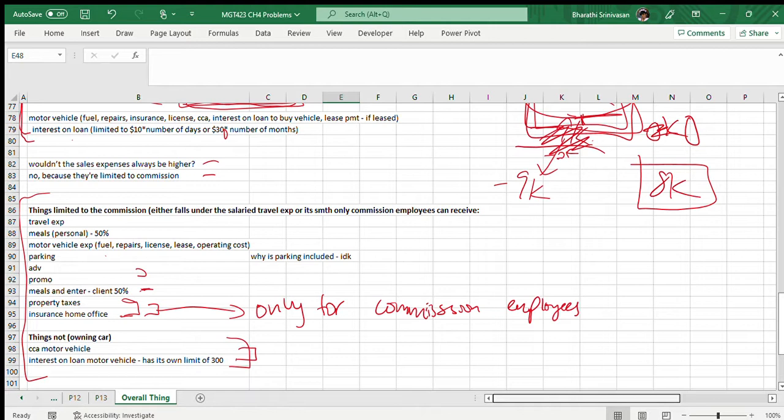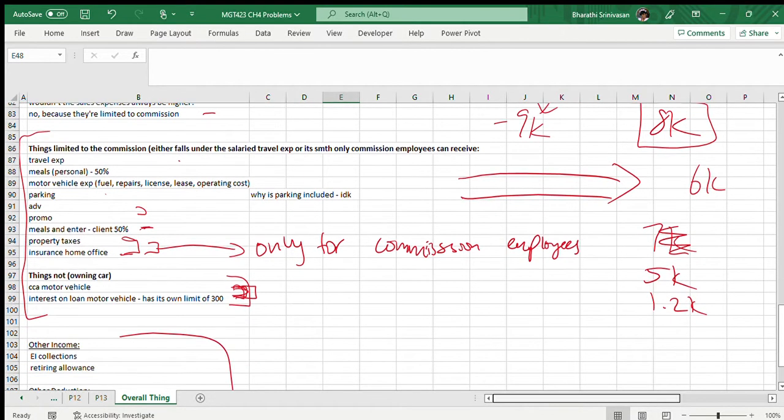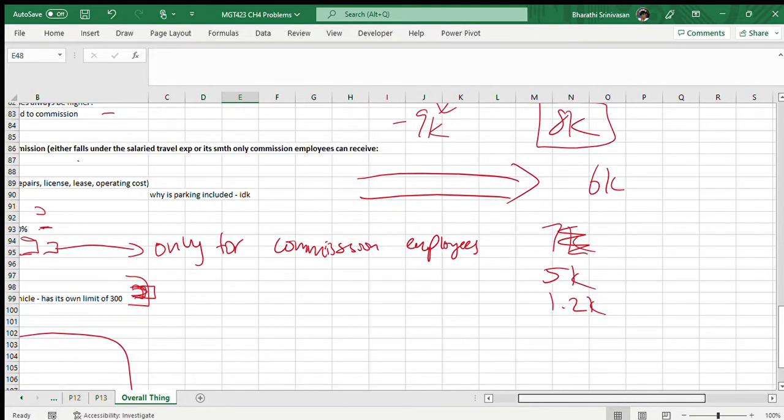Basically, okay, what this means is, let's say that your commission is 6K, and let's say that all these expenses add up to 5K. Over here, we have things that are not limited. So let's say this thing over here adds up to a cost of 1.2K. Now you might be like, oh, that means my total commission is 6.2, but it is limited to 6K, right? Wait a second, what?